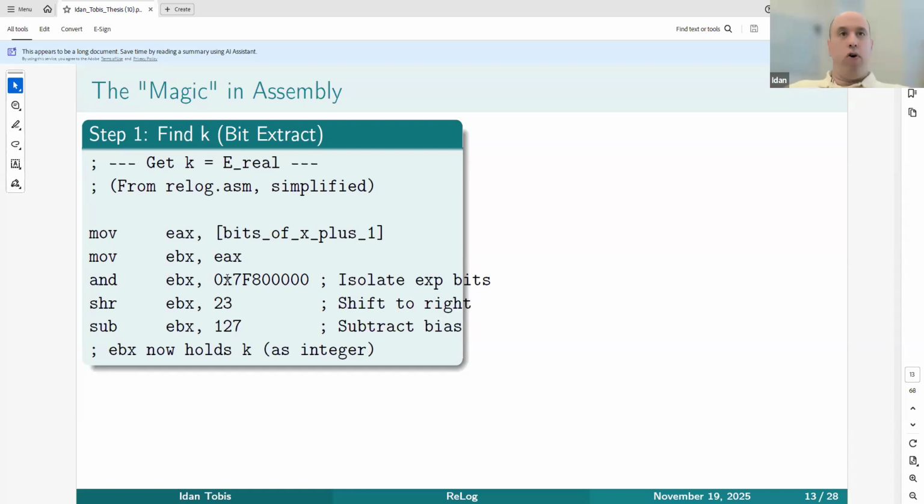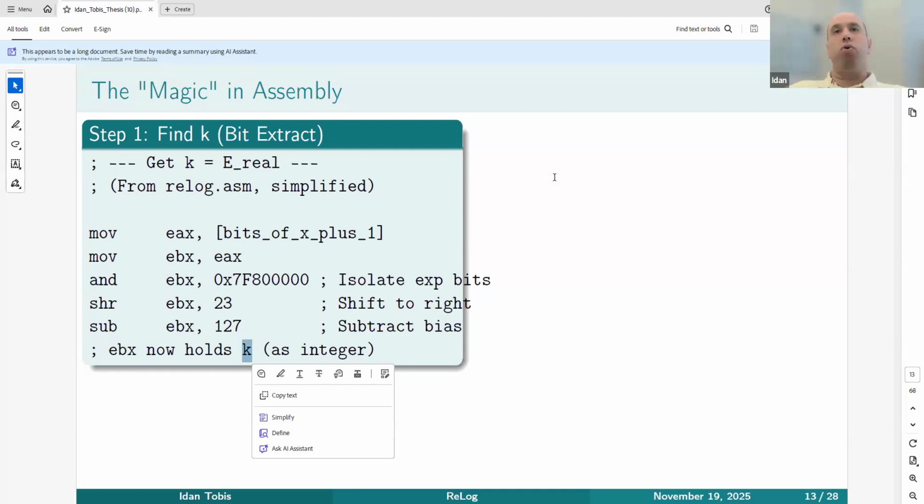So first we isolate the exponent bits, then we shift them to the right 23 places, and then we subtract the bias. Again, in this representation, you have a bias of 127. So this gives us k. Okay, now k, we save that because we will need it for the backpropagation step.